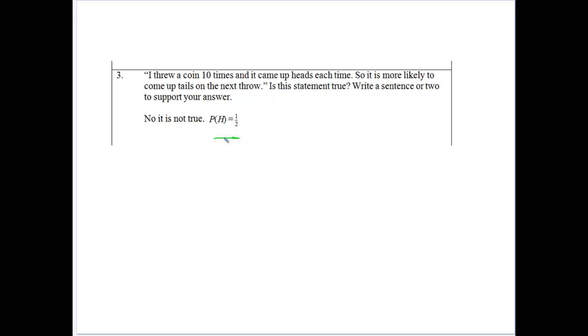It's not 'tails never fails in New South Wales' or things like that. So you've got to realise that there's no memory there. Every time you toss a coin, it's always a half, because it's a 50-50 chance. So whether it's come up heads 10 times in a row, the next time it's still got a 50% chance of occurring.